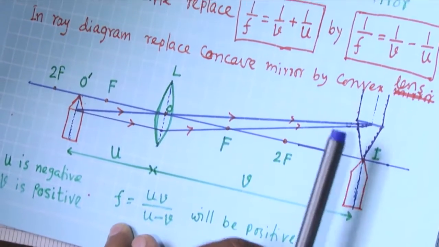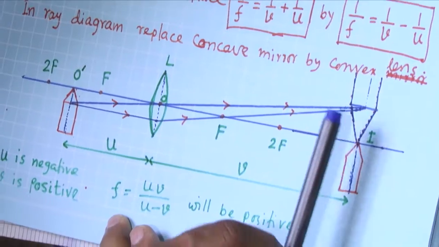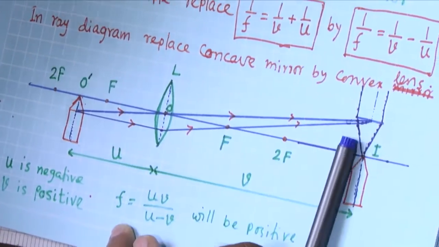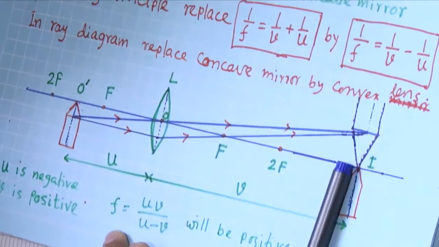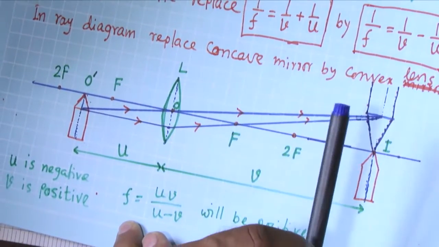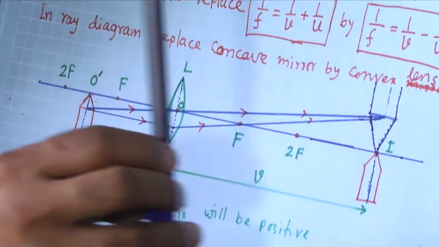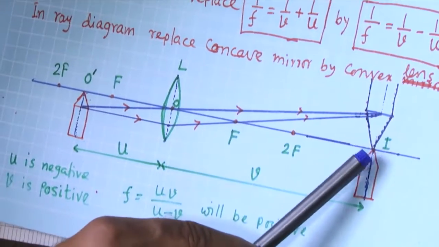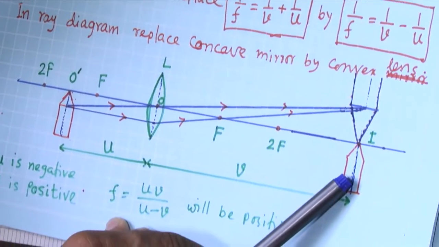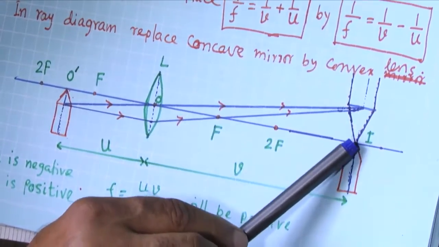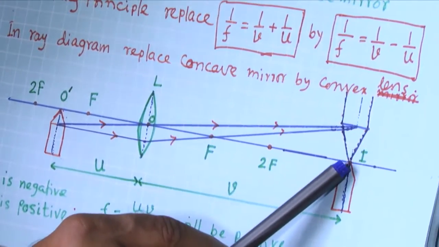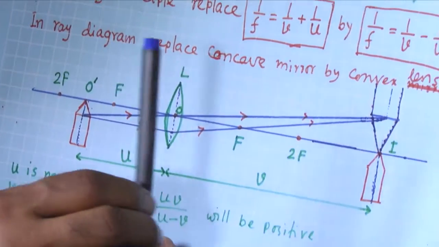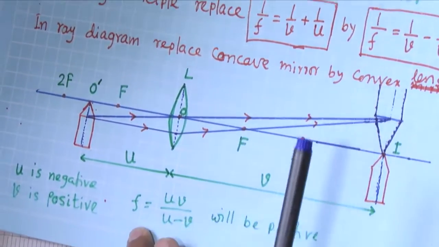Now more or less that object image position will be there. Now you have to remove the parallax. For that you just move your eye towards left and right and find out the position of the object so that these two tips will not detach, they will move towards left and right together.